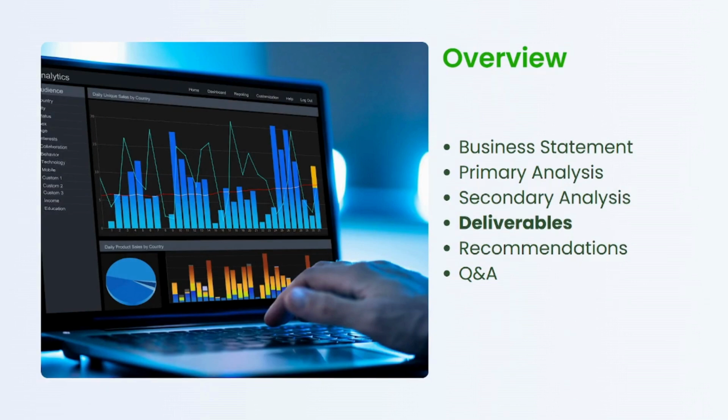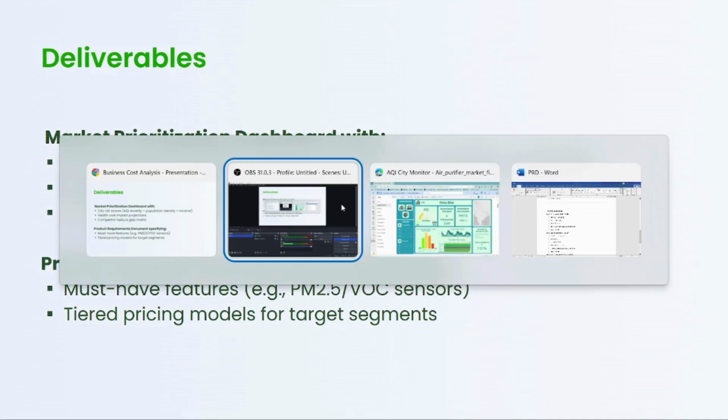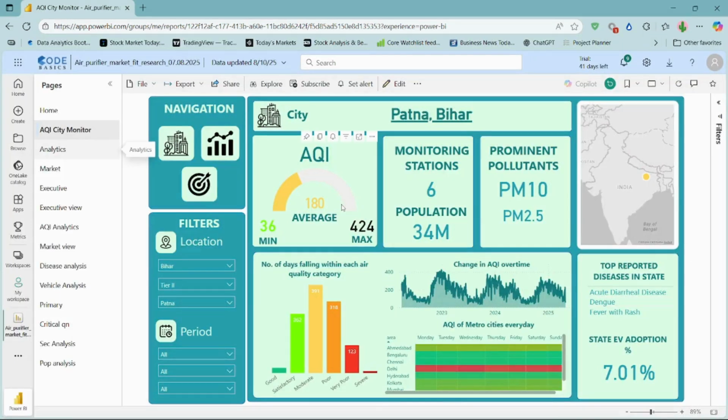So next we'll move on to the deliverables. So first let's see the market prioritization dashboard. So this is the market prioritization dashboard. Here we can see the air quality index levels of the selected cities. Here we can choose by location, tier and the city, as well as the period during which we want the air quality levels.